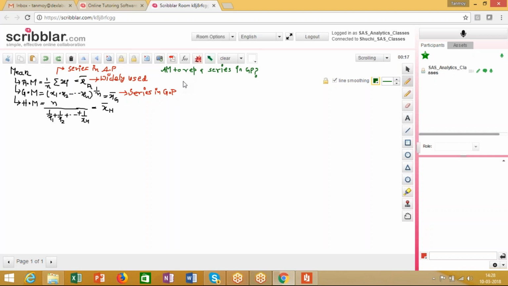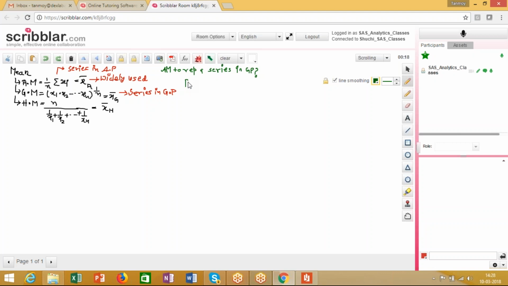A geometric progression is a series where the values grow at a constant rate. Say for example, I have a principal of rupees 100 which I have deposited in a bank.